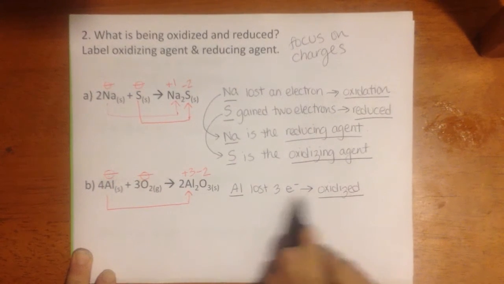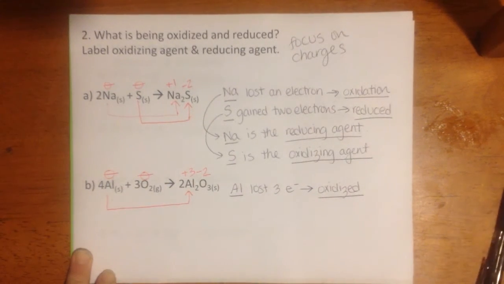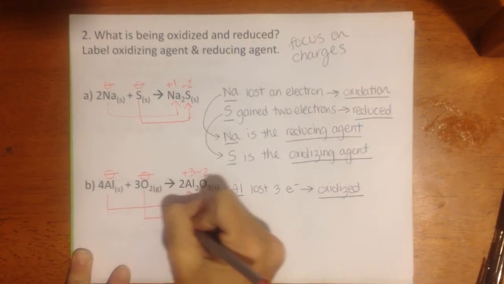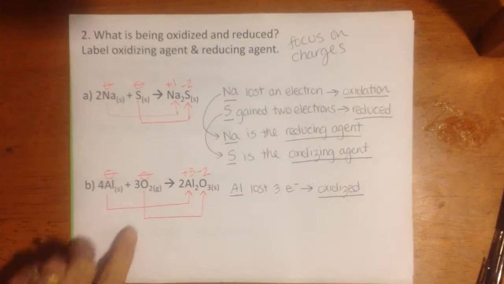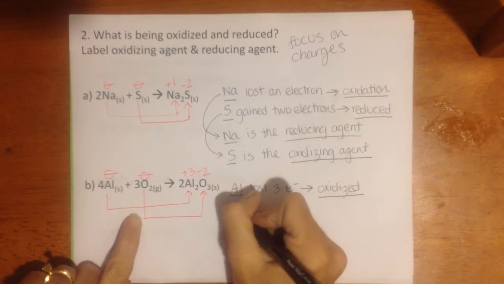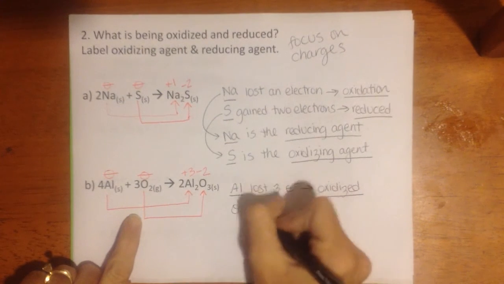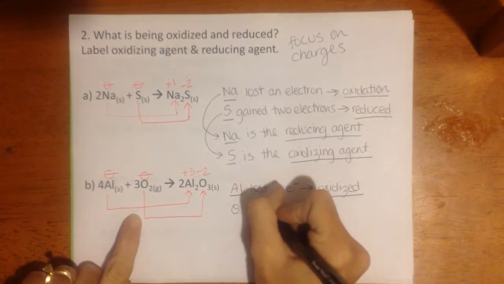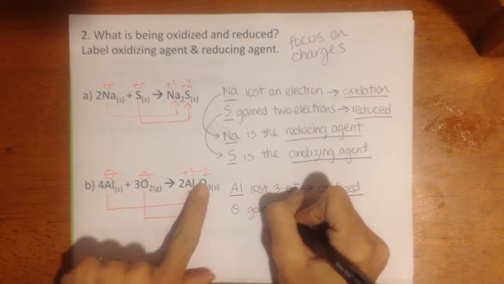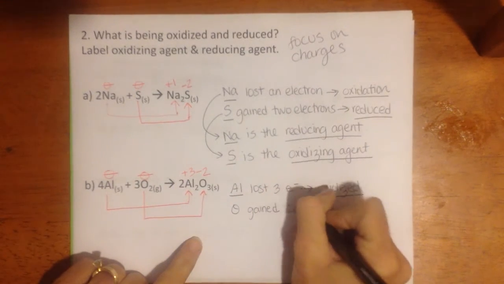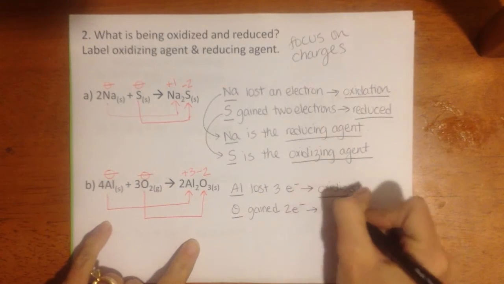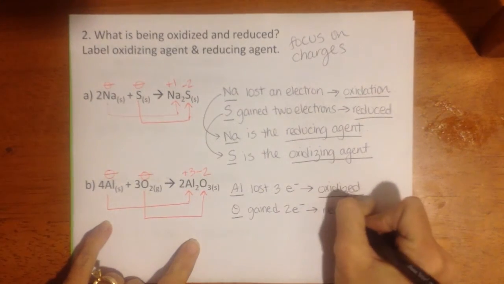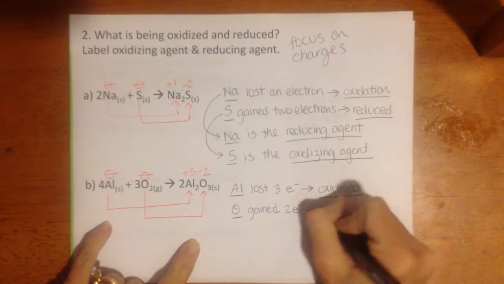This is just my thoughts. Aluminum is oxidized. Therefore, oxygen gained 2 electrons. So oxygen was reduced.